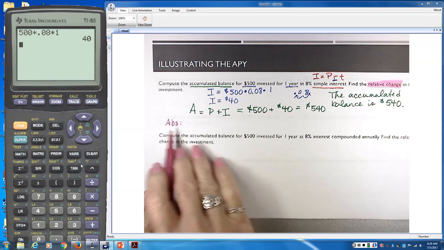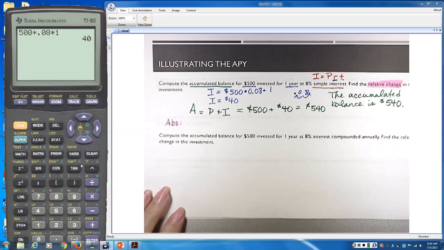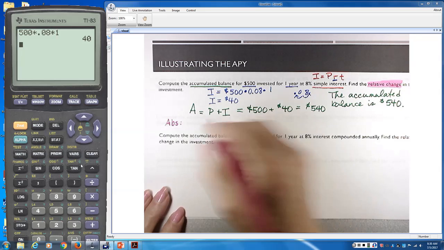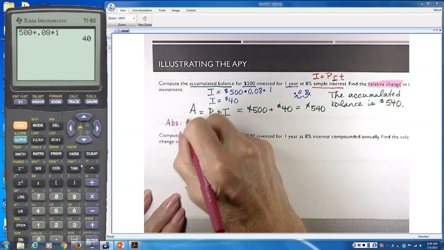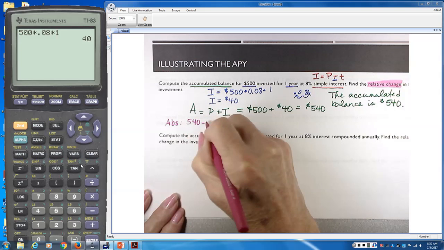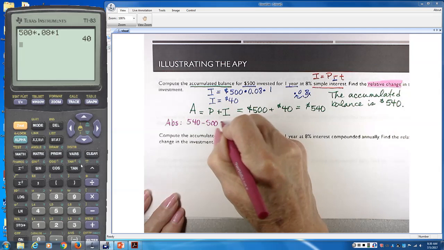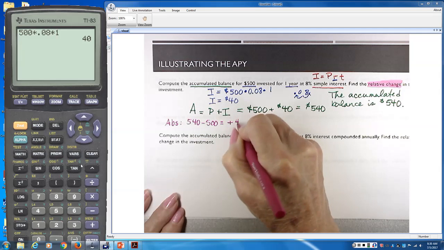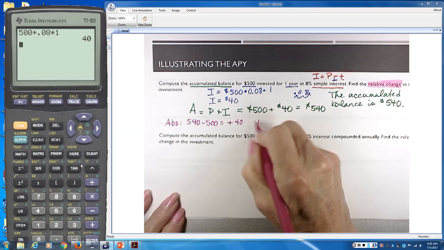Since we know that the difference is from 500 to 540, that means it went up. So we would have to subtract 540 minus 500 because we knew that the absolute difference is going to be positive because it increased.